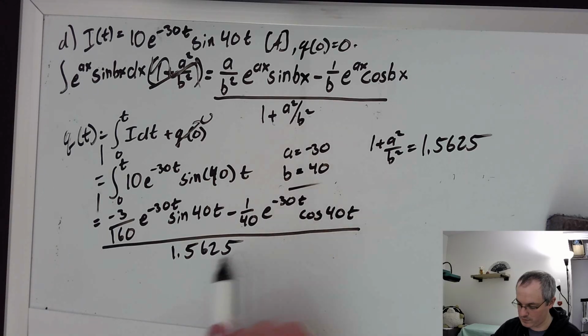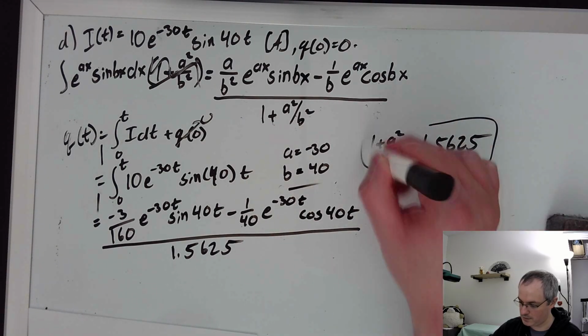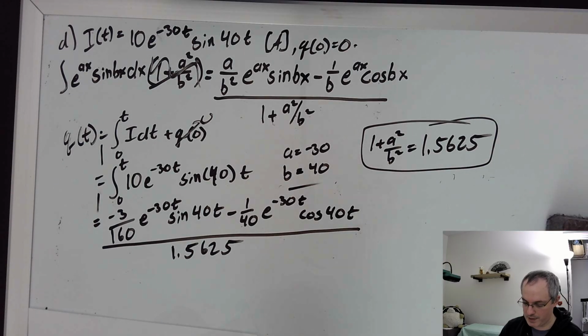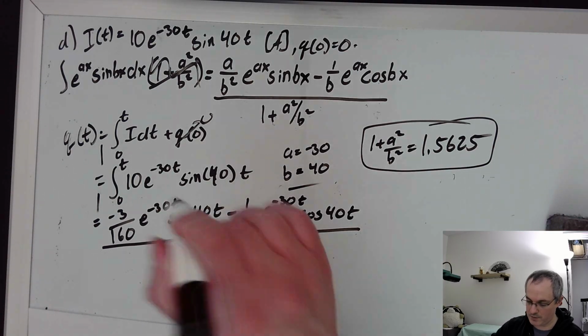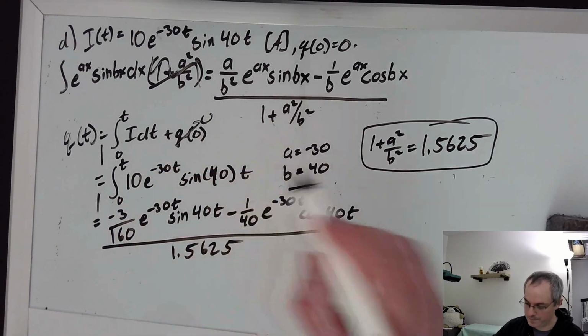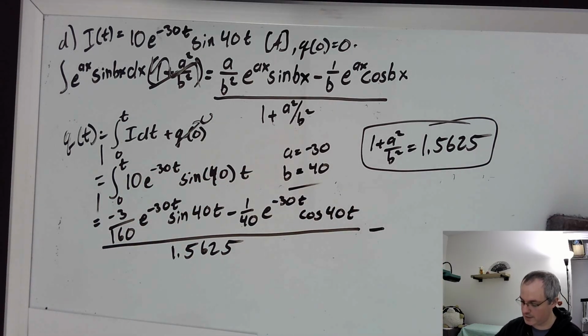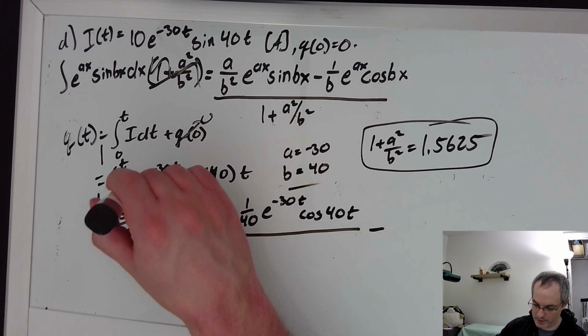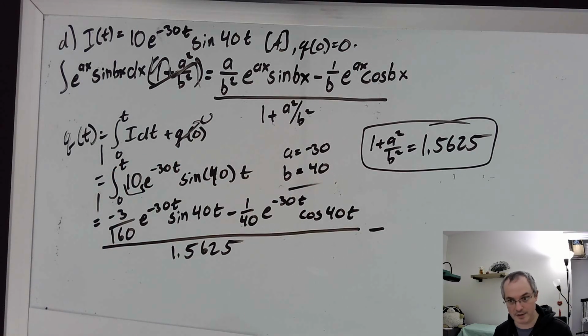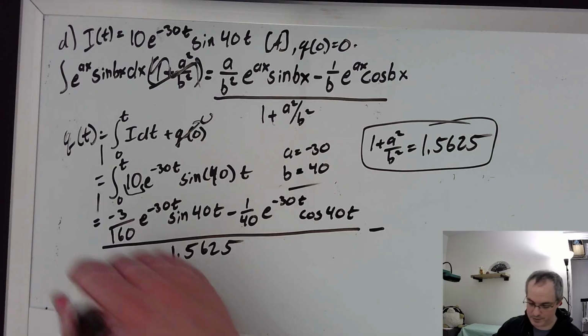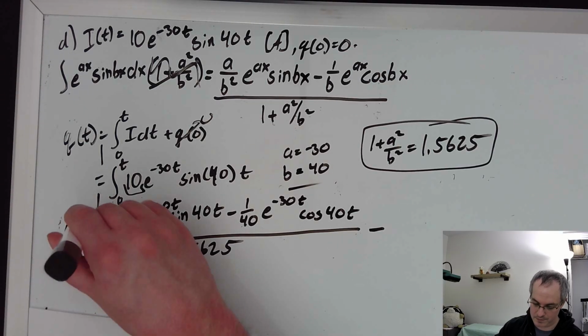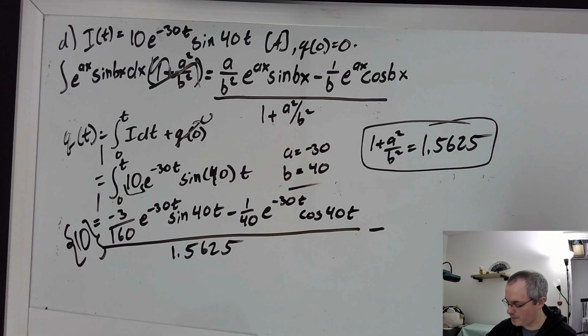This is the evaluation of the antiderivative at t, and then you need to do minus the evaluation of it at 0. Also, don't forget to multiply everything by 10 when you're done. So put that there. Okay, just a little reminder note.